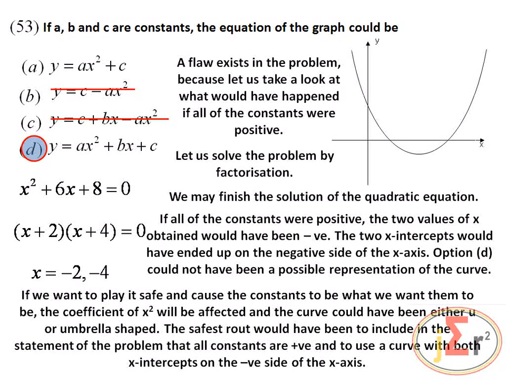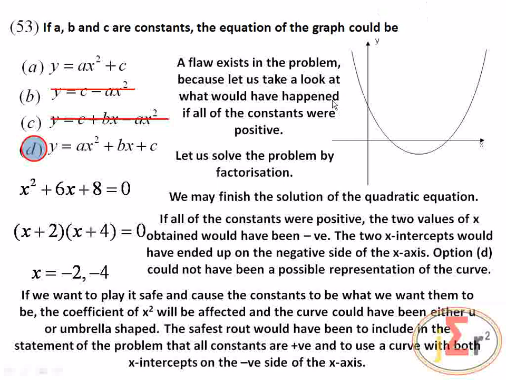The safest route out would have been to include in the statement of the problem that all constants are positive, and to use a curve with both x-intercepts on the negative side of the x-axis.